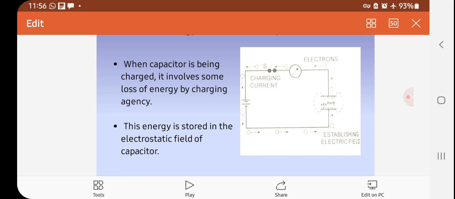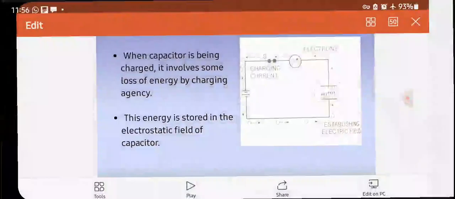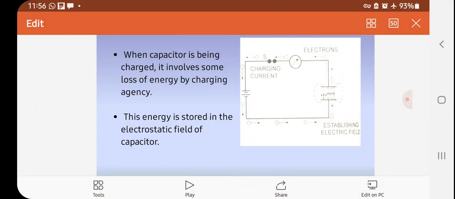When a capacitor is being charged, some work is done, and this work done is stored by the capacitor as the energy of the charged capacitor. Let the capacitance of a capacitor be C farads, and the final charge on one of its plates be q coulombs, with a potential difference between the plates of V volts.